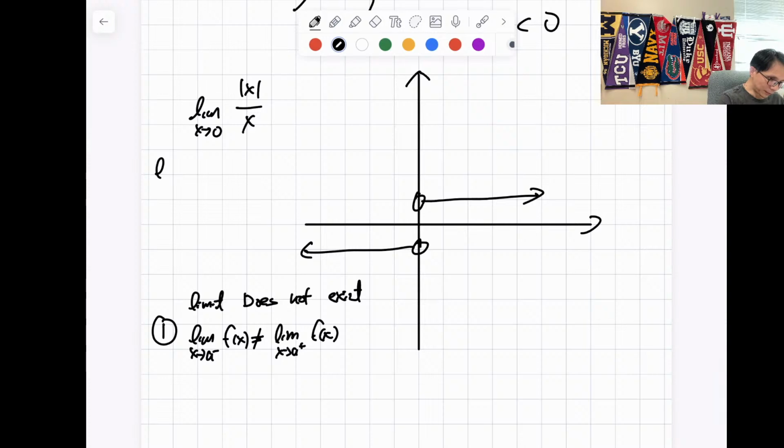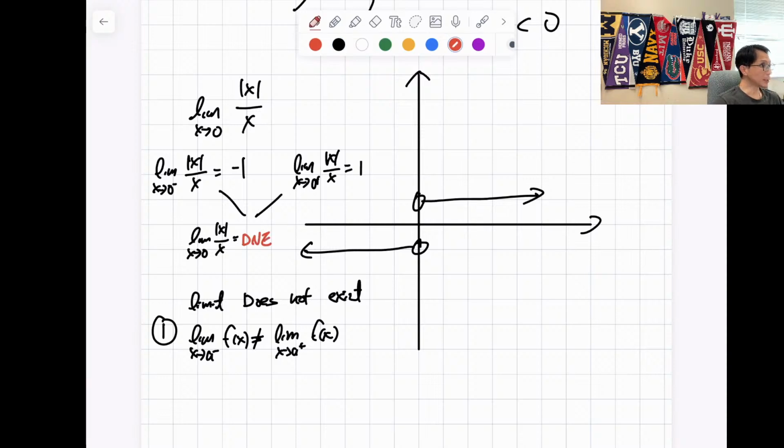For example, if x approaches 0 from the left side, say negative 0.1, negative 0.01, negative 0.001, of absolute value of x over x, this is equal to negative 1. And the limit as x approaches 0 from the positive side of absolute value of x over x is equal to positive 1. Therefore, the limit as x approaches 0 of absolute value of x over x does not exist.